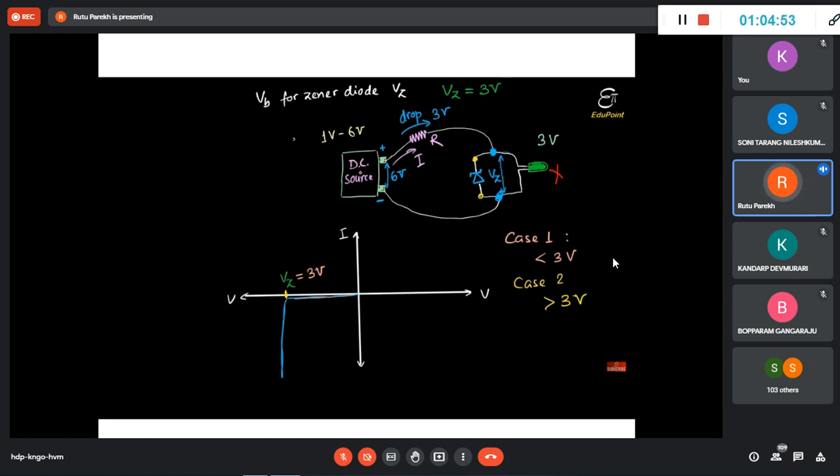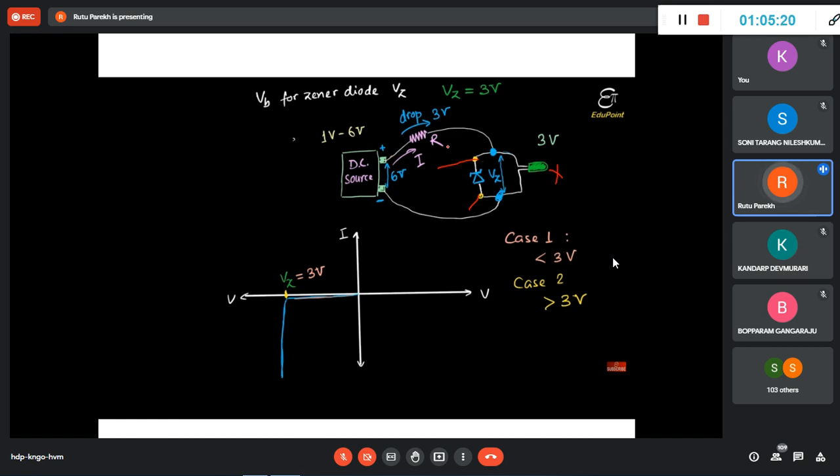If it is 3 volt, how is the Zener operating? The Zener is operating at 3 volt, so 3 volt will appear here. This will be 3 volt only. This is constant. For less than 3 volt, the Zener is not conducting, so the LED will not get destroyed. But when it is greater than 3, this voltage here will remain 3 volt only.